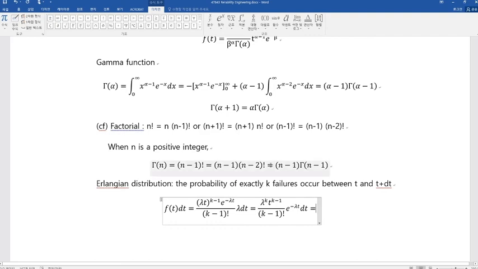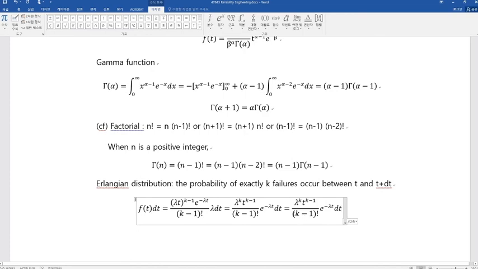So previously I told you that when n is a positive integer, then n minus 1 factorial is equivalent to the gamma function of n. So because this is k minus 1 factorial, this will be the same as the gamma function of k.